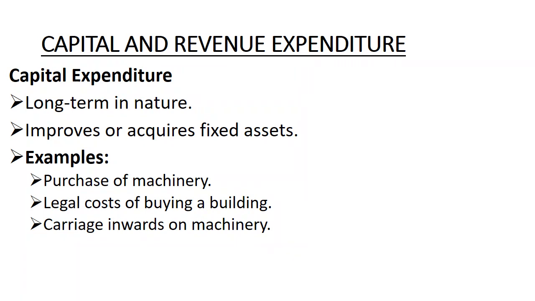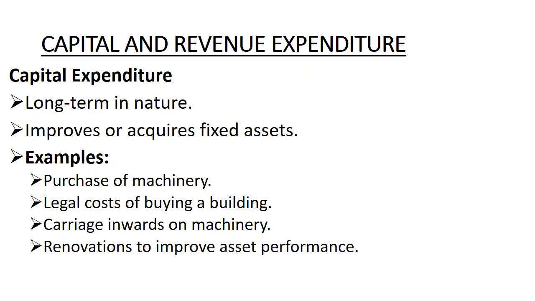All the money involved is part of capital expenditure. Also, if you do some renovations to improve asset performance, that is also capital expenditure, because this asset we're talking about is a fixed asset. You do some renovation to improve the fixed asset's performance. That is capital expenditure.